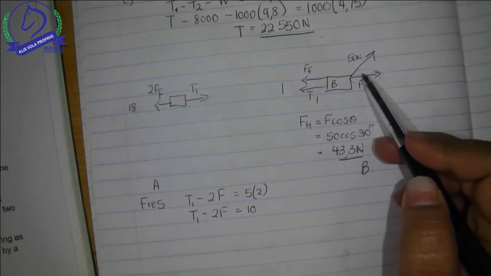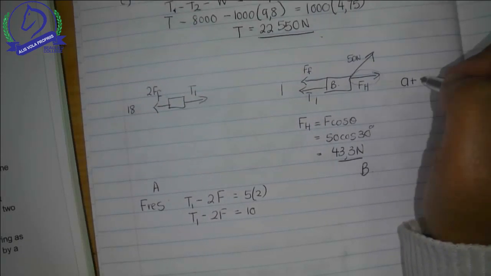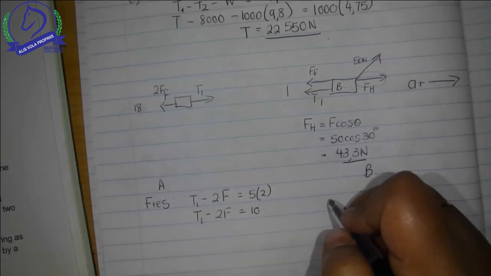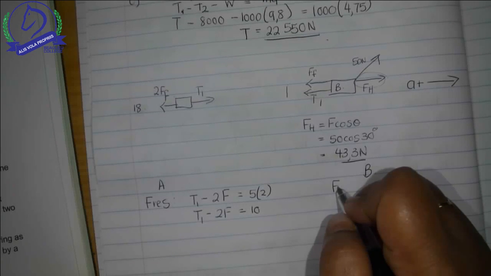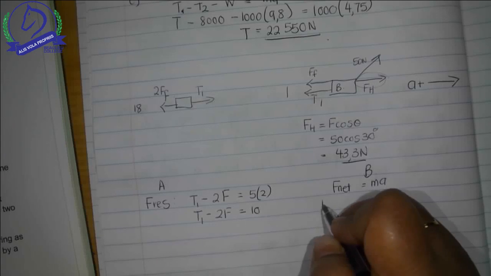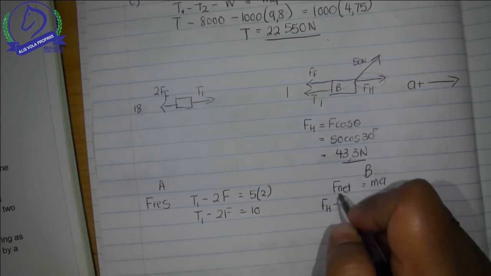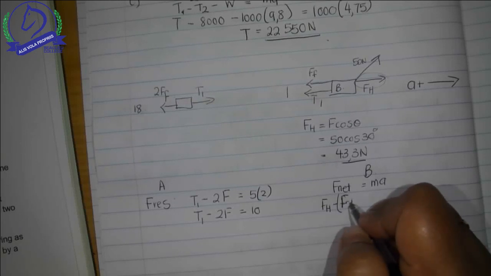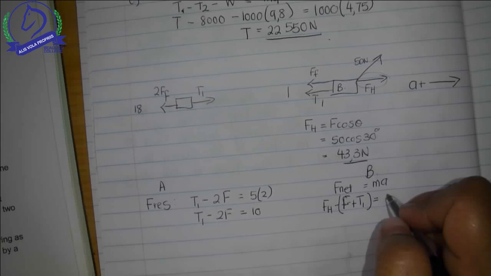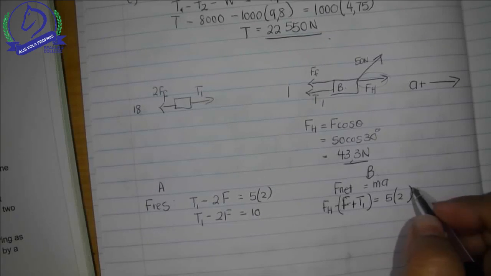Now object B is being pulled that way, so clearly it's accelerating in that direction to the right. So when I do F resultant, or F net is equal to MA, I've got my horizontal component minus my frictional force, that's F, plus T1 is equal to the mass, which is 5, and the acceleration, which is 2.